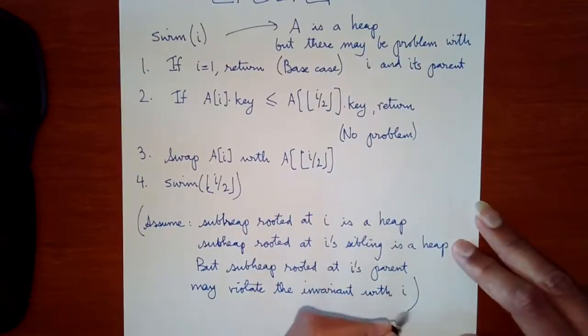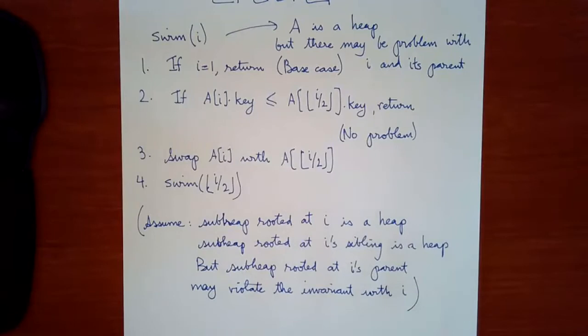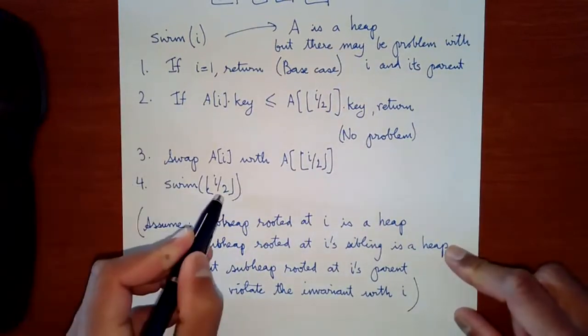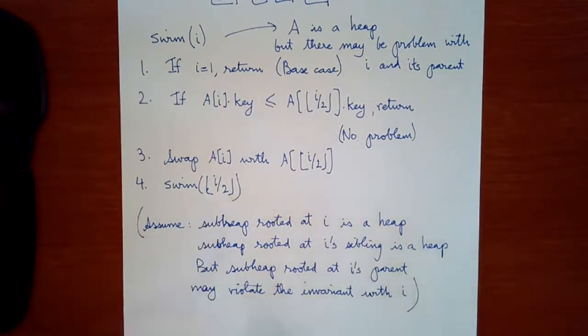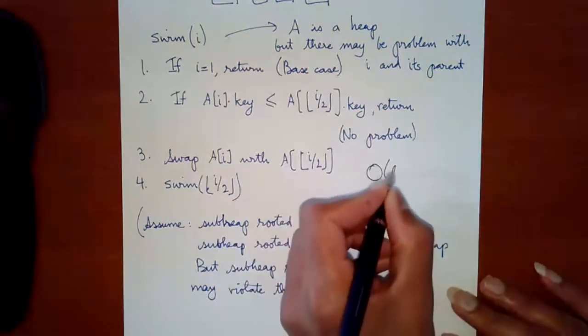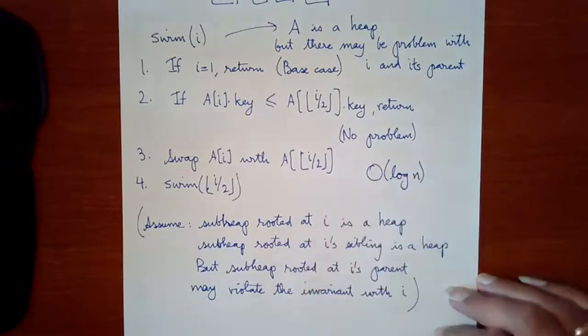That's sort of the assumption. And so what the swim procedure does is it will fix that problem. Again, if you think about it, it's a recursive procedure. It makes one recursive call, halving the value of the index. And this again runs in O of log n.